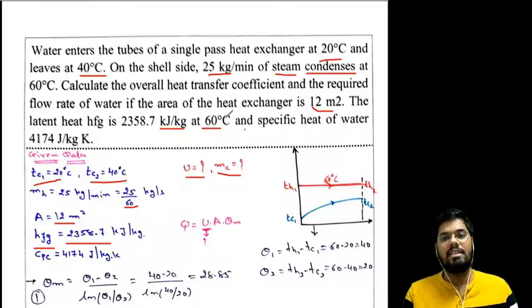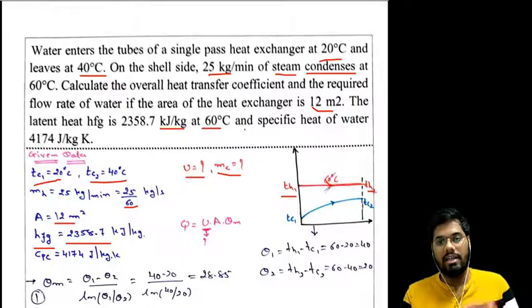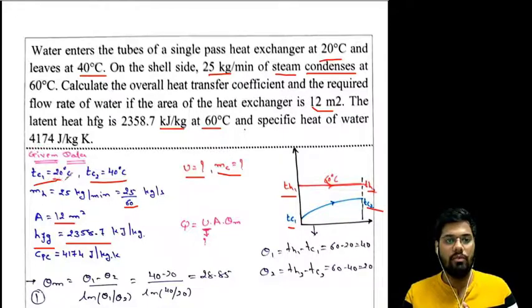At 60 degrees Celsius, so this is the temperature of our steam, which is our Th1, as well as our Th2, because in a condenser the temperature of the hot fluid remains the same. In this case, the steam will lose its latent heat and convert into liquid, so the temperature will remain constant, and whatever heat is lost by the steam will be gained by our cold fluid, so its temperature will rise from Tc1 to Tc2, from 20 degrees Celsius to 40 degrees Celsius.